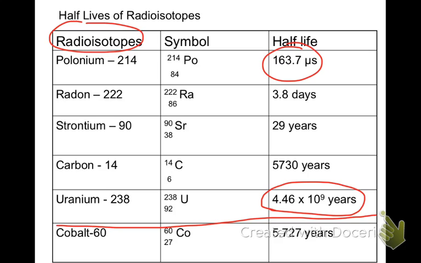So for polonium-214, it would lose half of its radioactivity almost instantly, whereas with uranium, it would take 4.5 billion years to do the same thing.